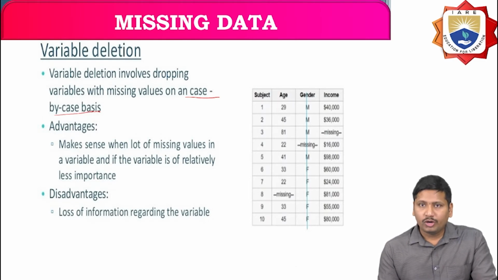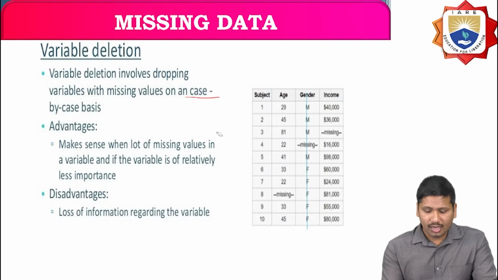Suppose I consider an application where some variables have very little importance and some variables have more importance. Then the variable with less importance for that application is deleted. The disadvantage is the loss of information regarding the variable.